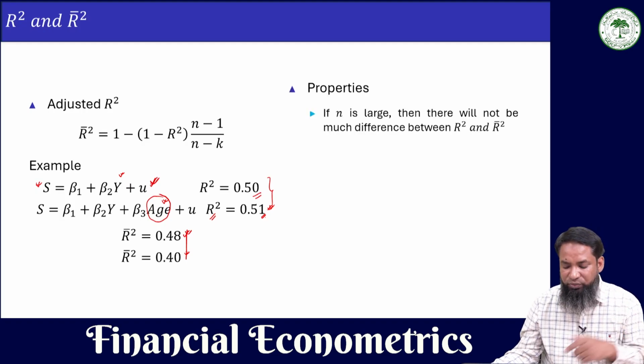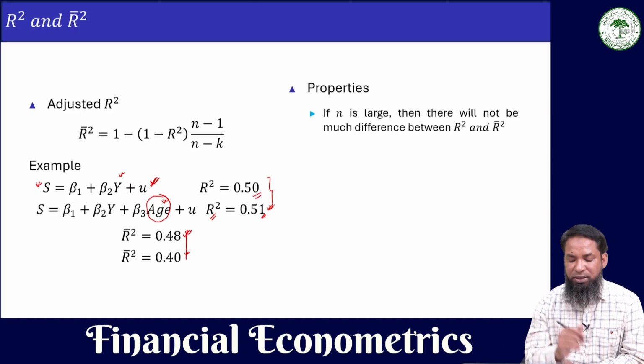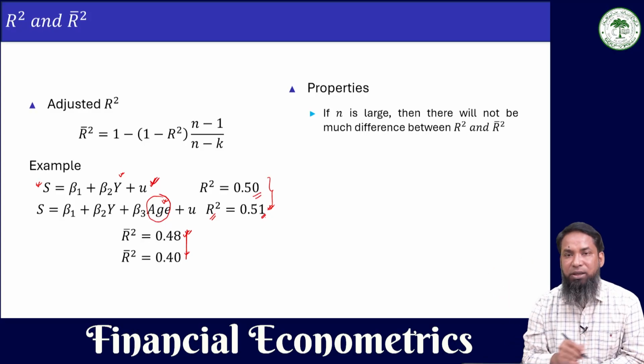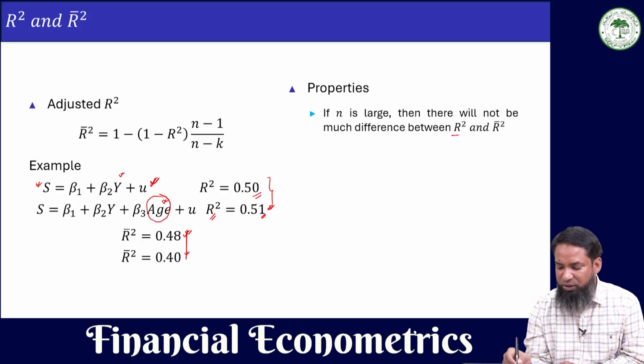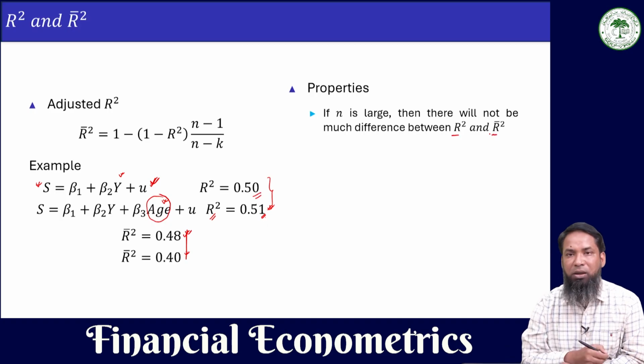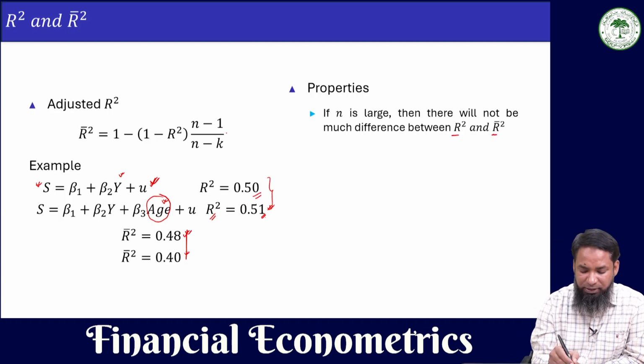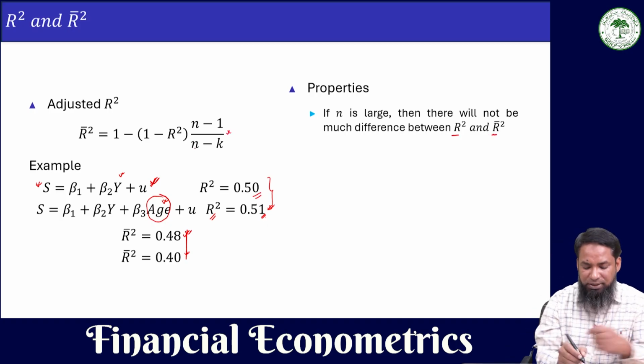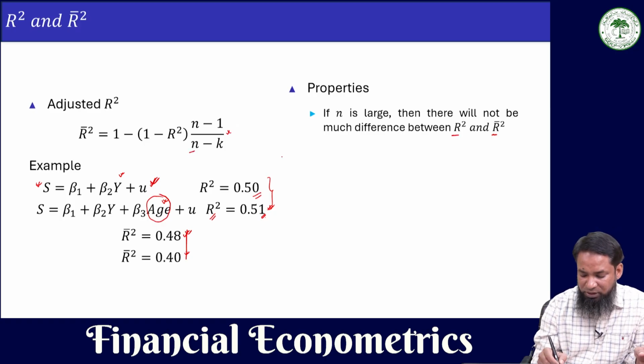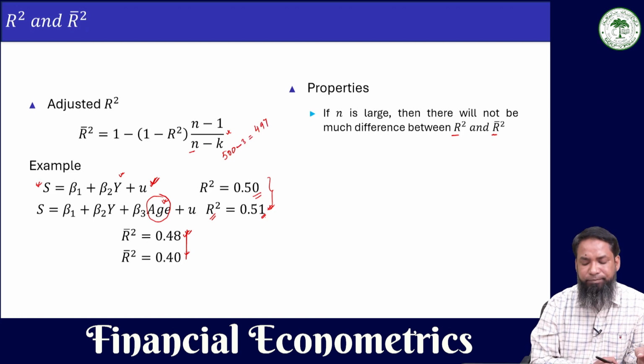So what are the properties we have? The first property of adjusted R square is that if n is large, then there will not be much difference between the R square and adjusted R square. How? Let us take this case here. Let us say we have n, the number of observations, 500, and the number of parameters, k, is 3, then we have the denominator 497.